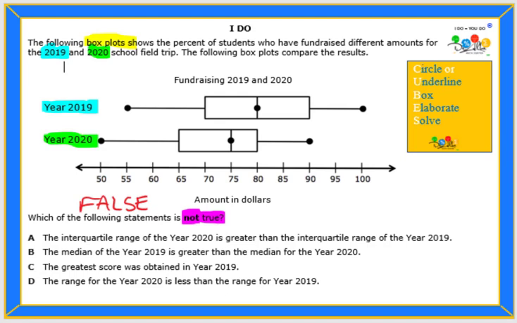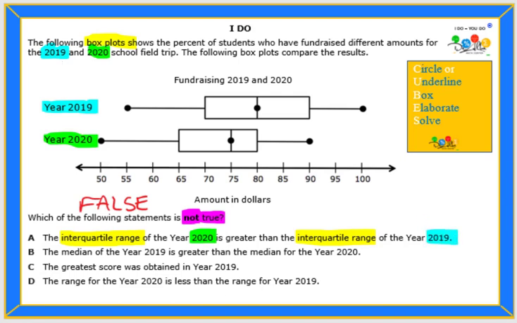Okay, so now we're going to see what we're going to be looking for in the box plots. We're going to look at our choices, and the first statement says the interquartile range. So we're comparing the interquartile range of 2020 and 2019.